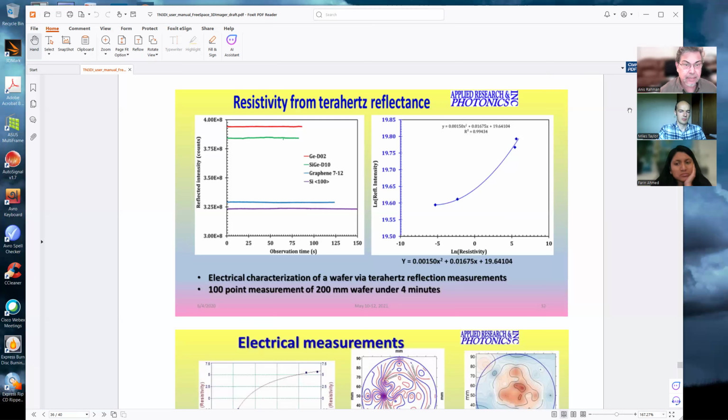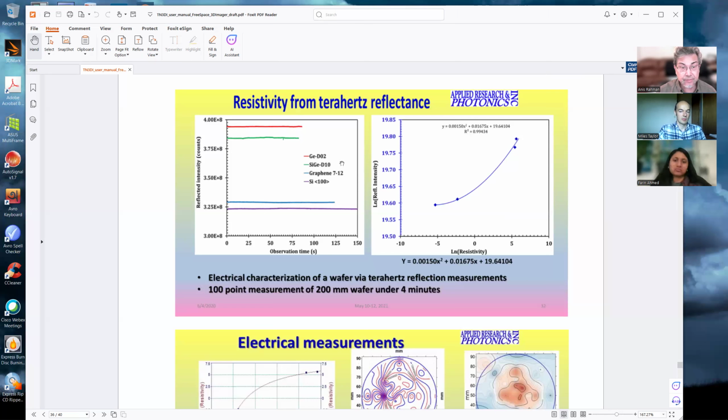As you can see, there are 4 samples. One is a silicon whose conductivity is known. I'm intermixing the terms conductivity and resistivity, but these are known. Then we had a graphene sample whose resistivity is also known.